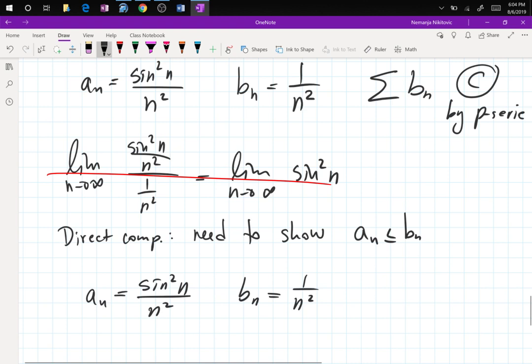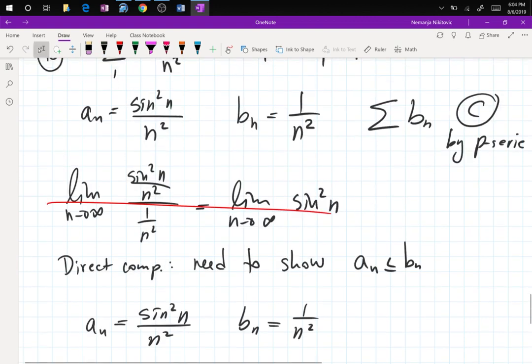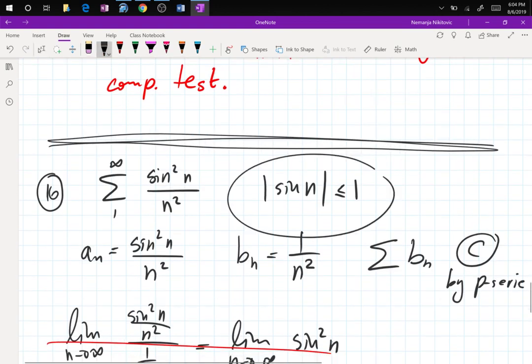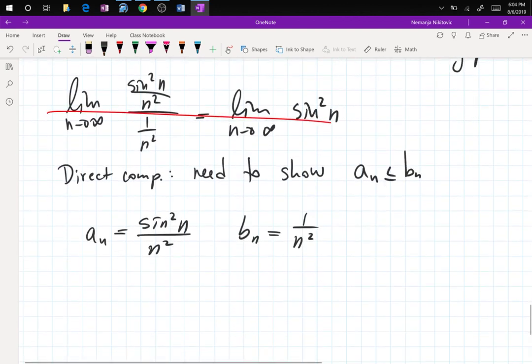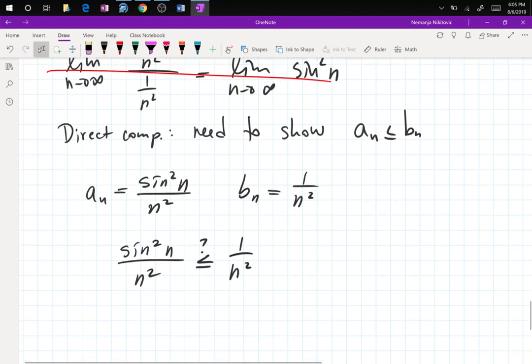because this sine can at most be 1, and most of the time is less than 1. So it's already established. When I write sine squared n over n squared, is that smaller or equal than 1 over n squared? Multiply both sides by n squared. You get sine squared n less than or equal to 1. That's a true statement all the time.